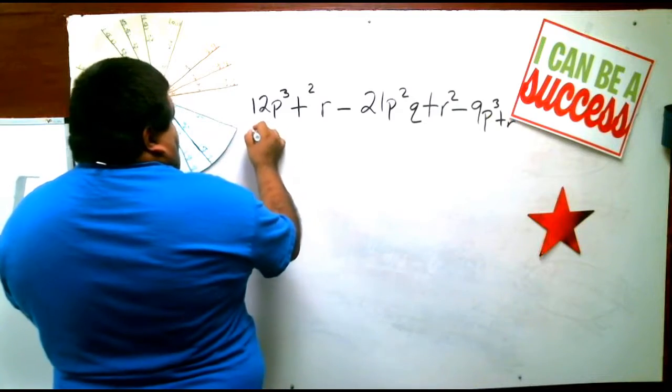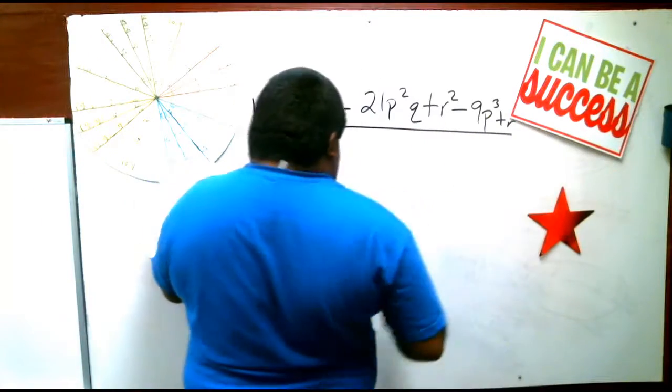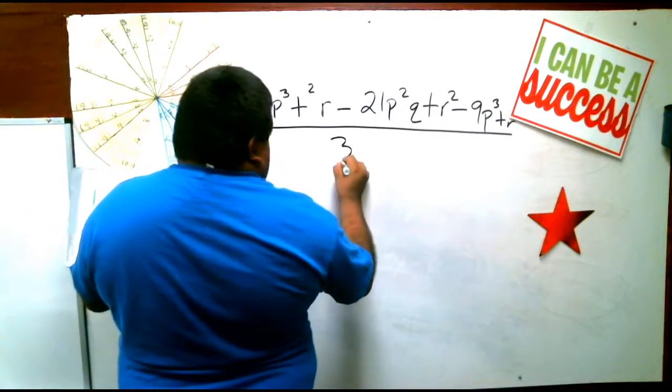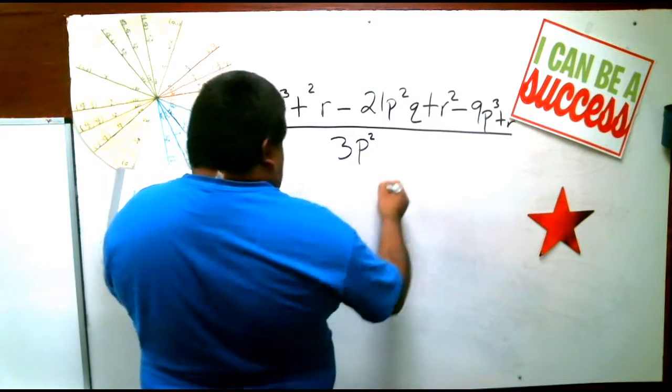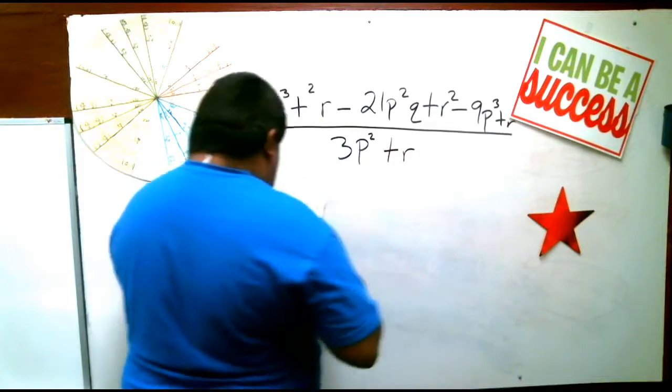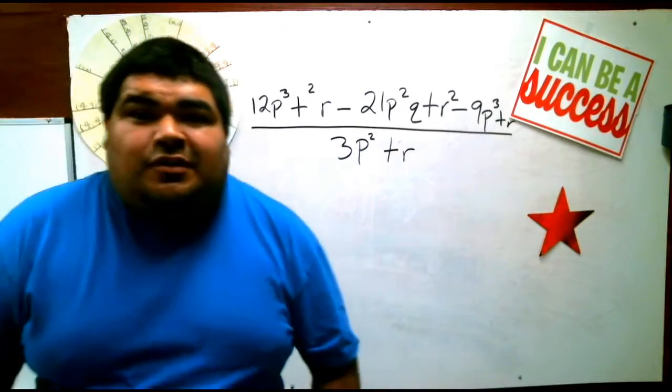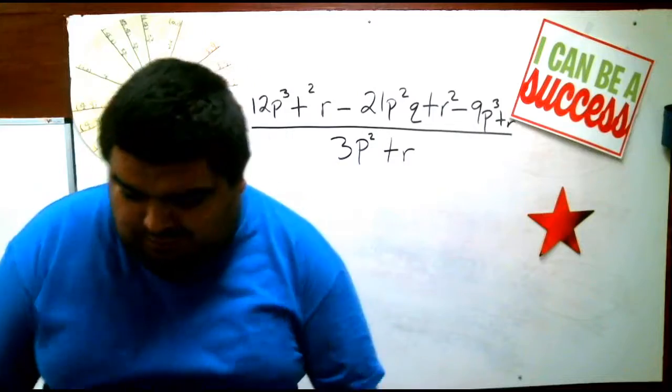Okay? All of that over 3p squared t r. Okay? You might ask yourself, Mr. Rivera, that's a very long problem.